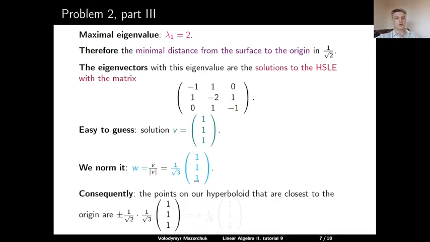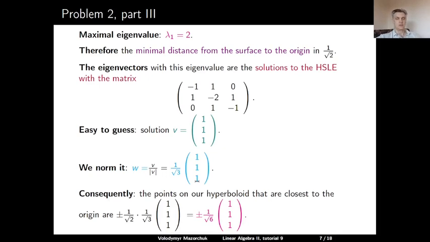And so to get the points on our surface which are closest to the origin, we take this normed eigenvector and multiply with plus minus the minimal distance from the surface to the origin. So we get plus minus 1 divided by the square root of 2 times 1 divided by the square root of 3 times 1, 1, 1. So the points are plus minus 1 divided by the square root of 6, 1, 1, 1.